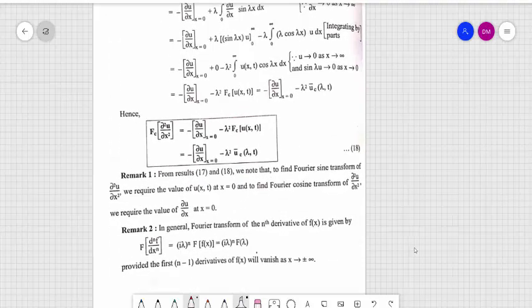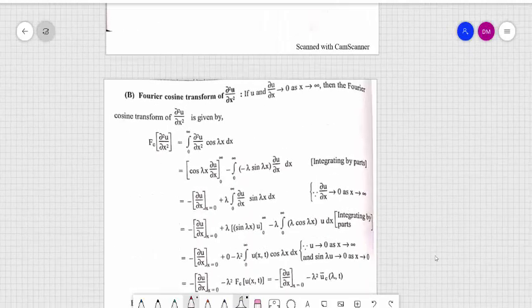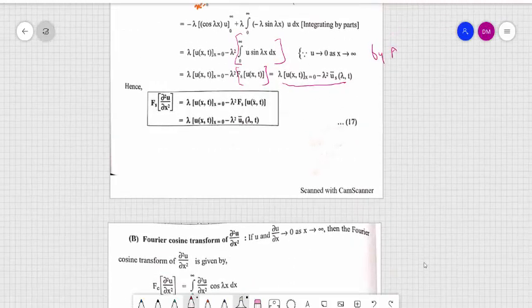Now let us go for an important remark. Remark 1 is very important. Result 17-18 is the result regarding the Fourier sine transform and Fourier cosine transform. To find the Fourier sine transform of ∂²u/∂x², we must require the value of u at x equal to 0.